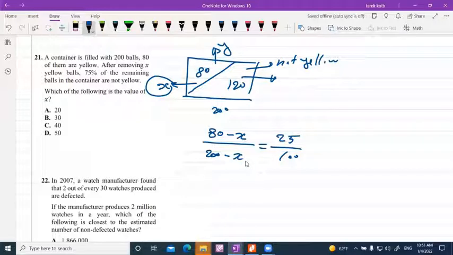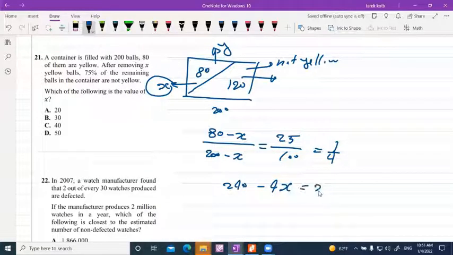Because this is 1 over 4, so it will be 4 times 80, 320 minus 4x equals 200 minus x, and you can solve it by the calculator. So x will be 40.